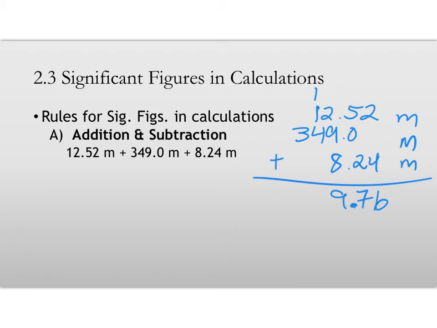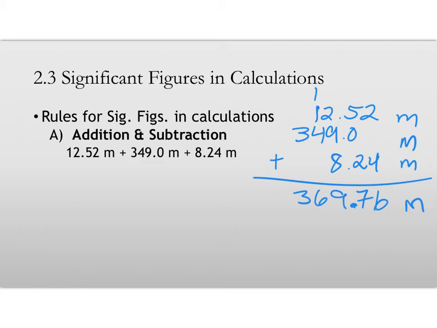Now you have 1 plus 1 plus 4 is a 6, and you get the 3 there. Since they're all measured in meters, the answer is in meters. This is what you would get in a mathematics class: 369.76 meters.